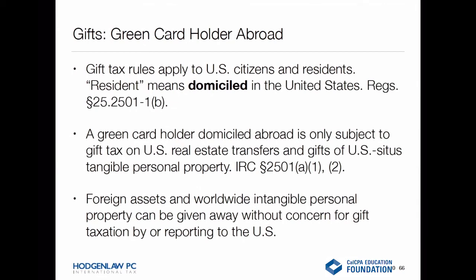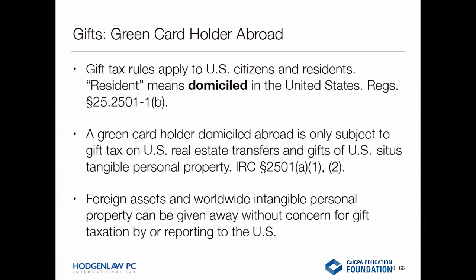So if you had your green card, moved overseas, and you're thinking about reducing your net worth, you can give away foreign assets and worldwide intangible personal property without concern for gift tax in the U.S. If that stuff is foreign.